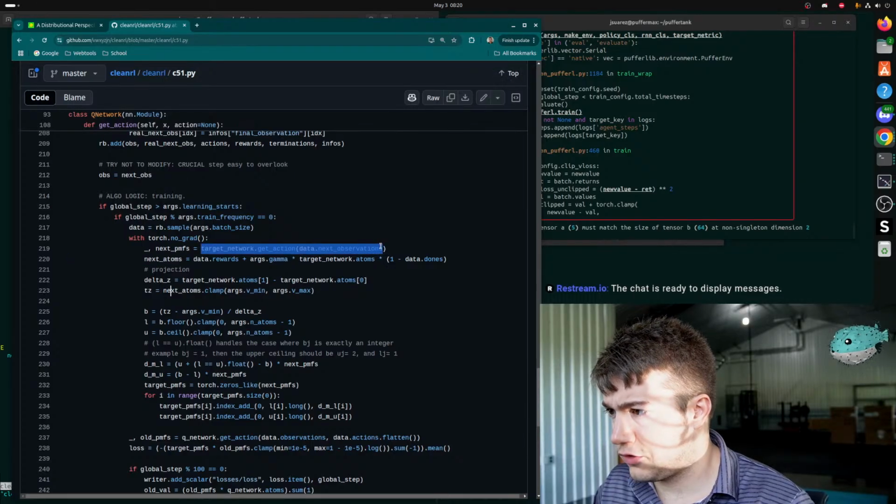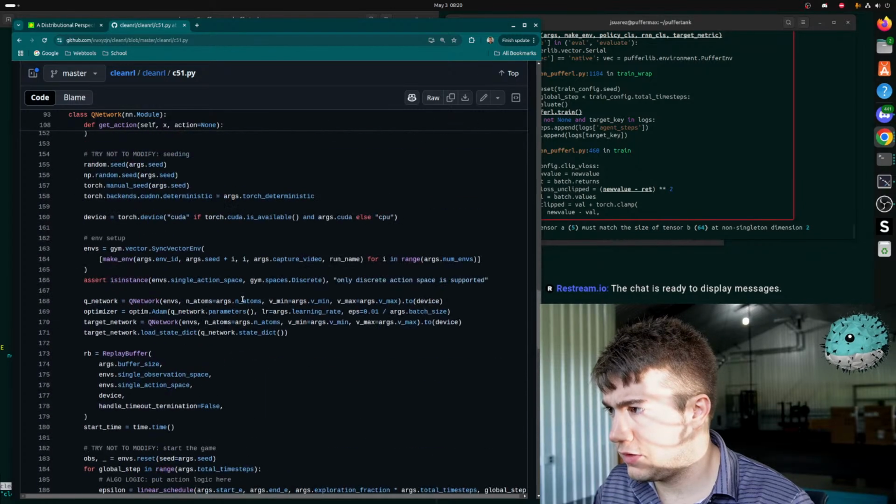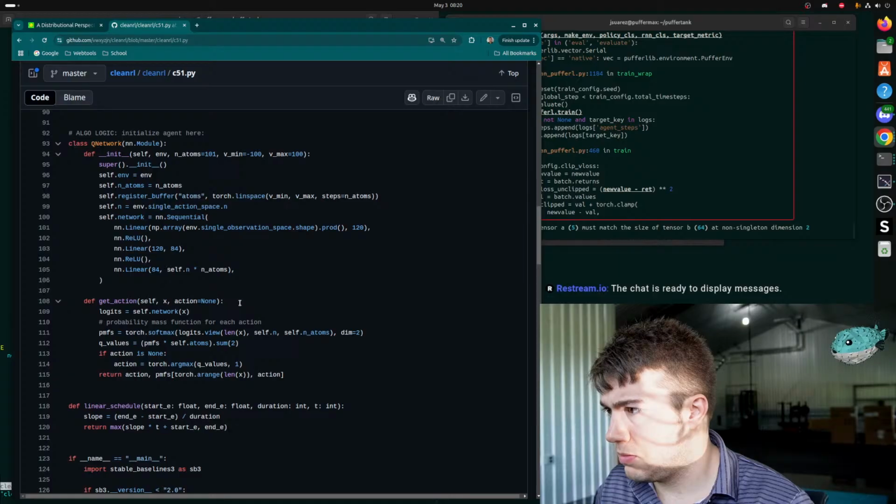You get actions, PMFs. Okay, so this is the probability mass function for each action.